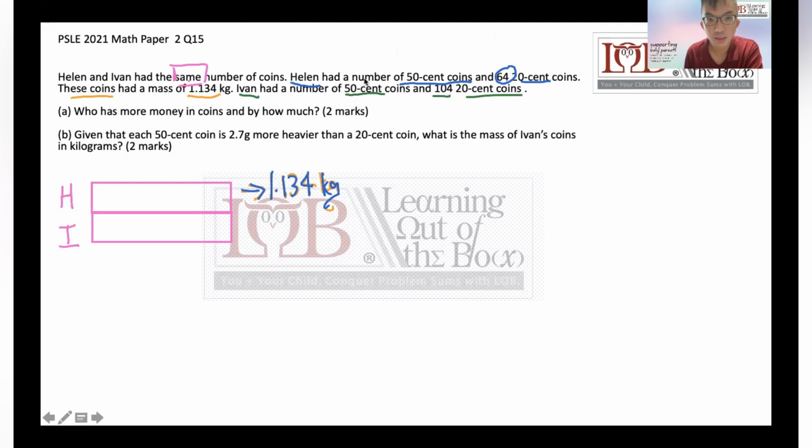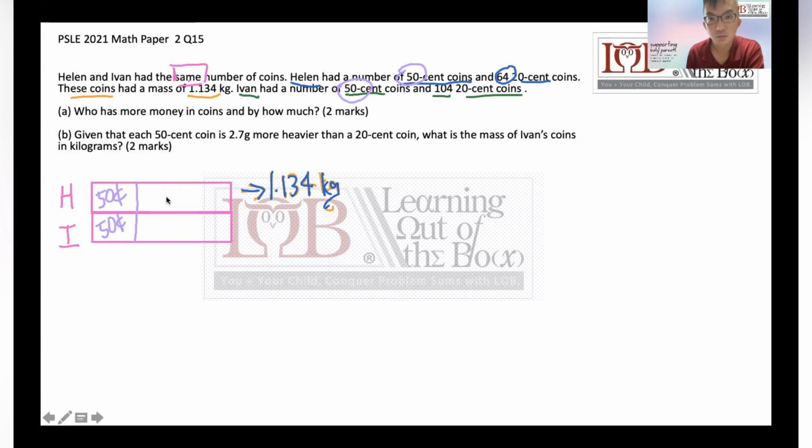Okay, so Helen had a number of 50-cent coins. Let's look at the similarity. So we have this one and we have this one. So I suppose that we can have something like this. Let's draw something like this. So this is something that they have in common.